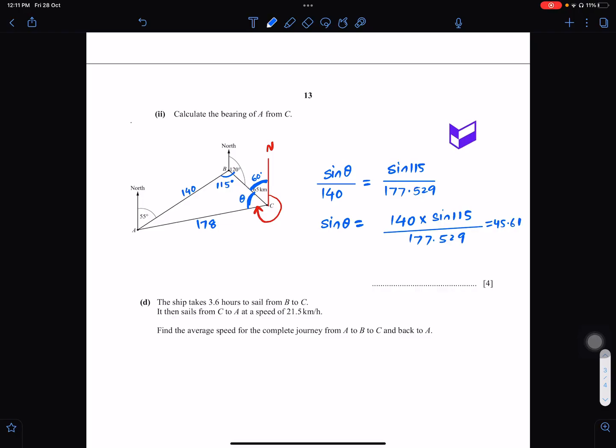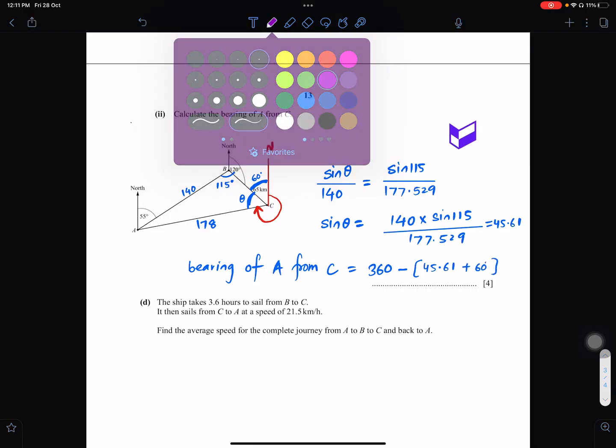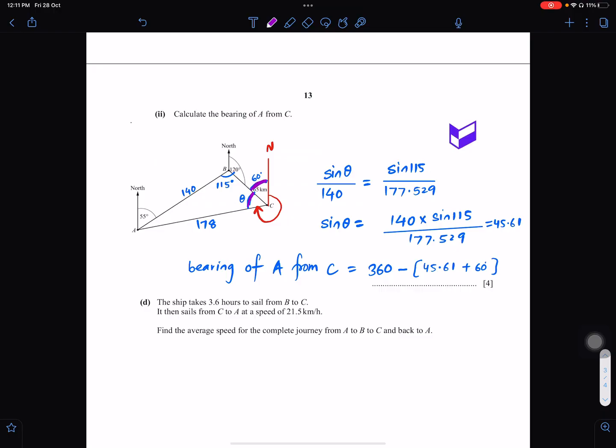Now the bearing which I'm looking for, the bearing of the point A from the point C, is going to be 360 degrees subtracted by the addition of the angle which I just found, 45.61, plus 60 degrees. So basically I'm taking this angle and subtracting it from 360 degrees so that I get the required bearing.